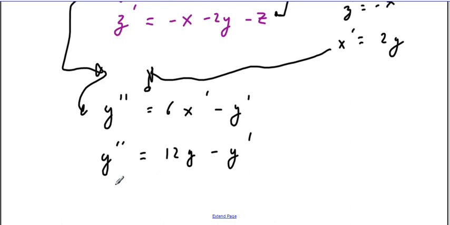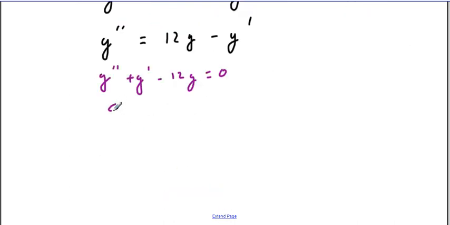At that point we can rearrange: y double prime plus y prime minus 12y is equal to 0. Now I have a characteristic equation: m squared plus m minus 12 is equal to 0.